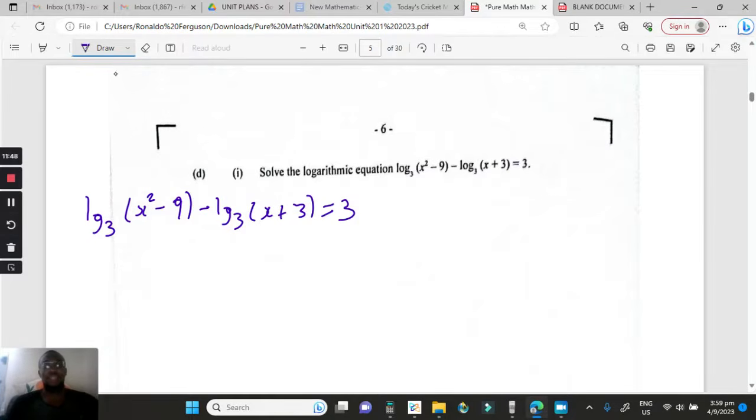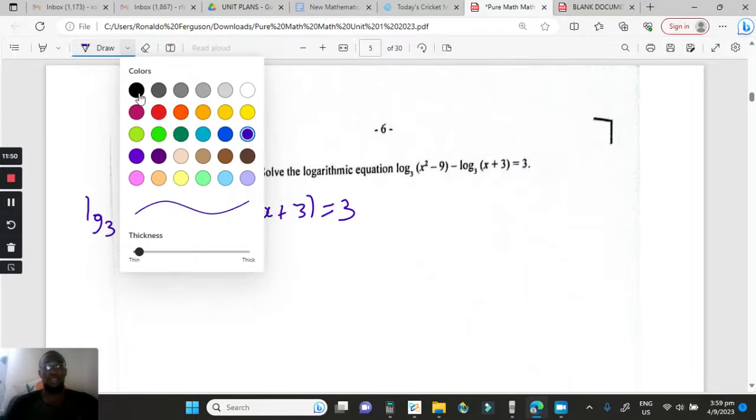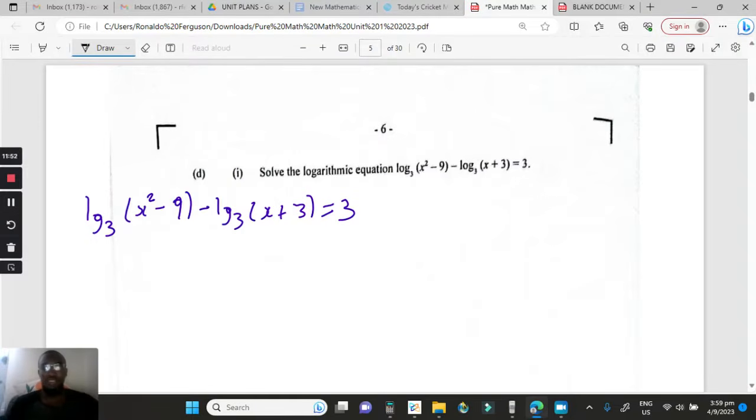Literally, they take it from the Macmillan textbook. It's that easy. So start practicing from the Macmillan textbook, the one pure math textbook that basically runs the entire Caribbean. Practice from it. Guarantee you might see 1 or 2 questions. And if it's not the same question, they just change up something minor.